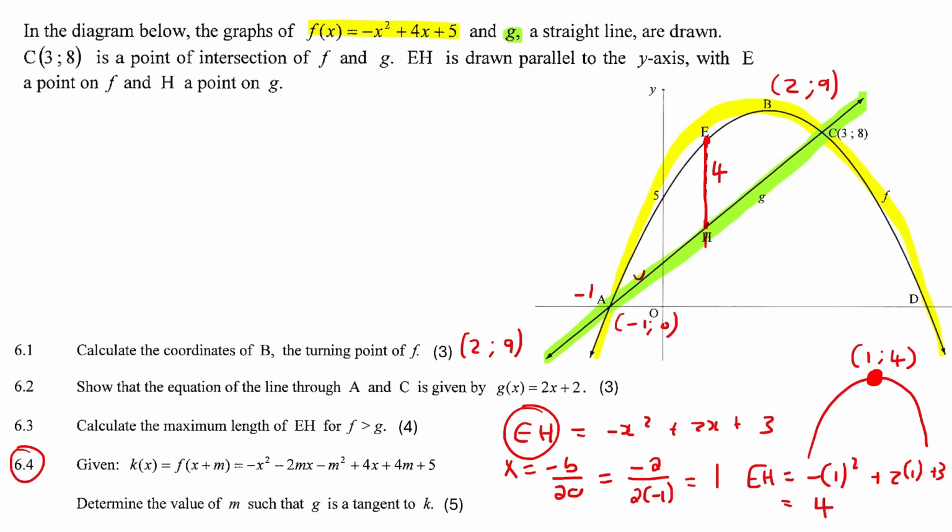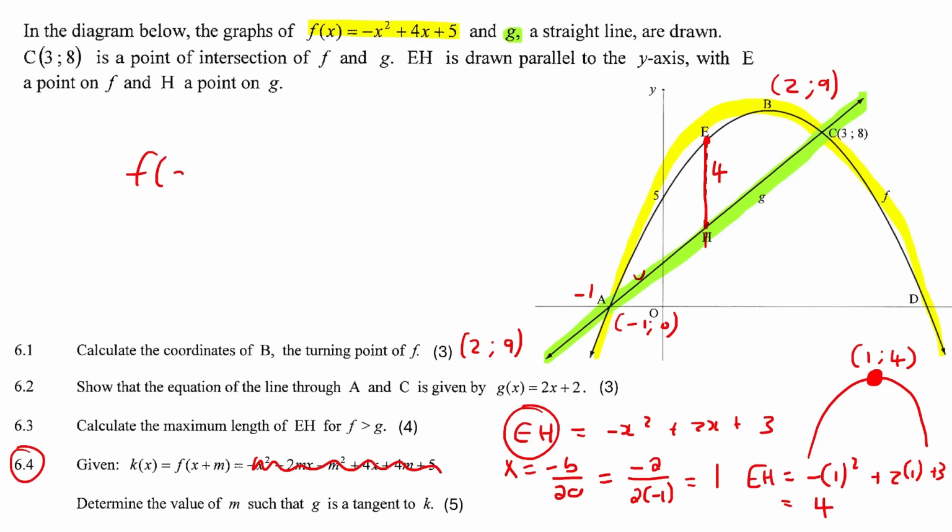They're saying, given that k is equal to f of x plus m, and they say that it's equal to that, so they're even telling us what the equation is, so we don't have to do that. They didn't necessarily have to give us this part. What you would have had to do is, if I say what is f of 2, you'd plug 2 in for all the x's.